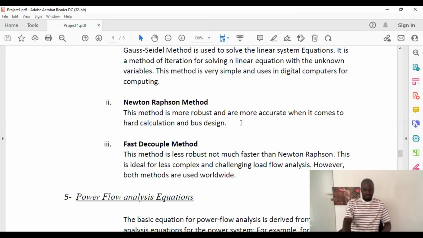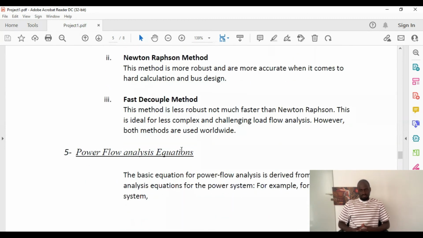The fast-decoupled method is also good, and faster than Newton-Raphson. It is ideal for less complex, less challenging load flow analysis. However, both methods are used worldwide.